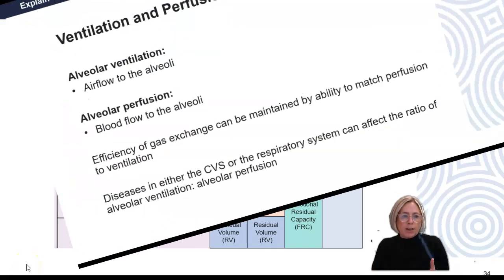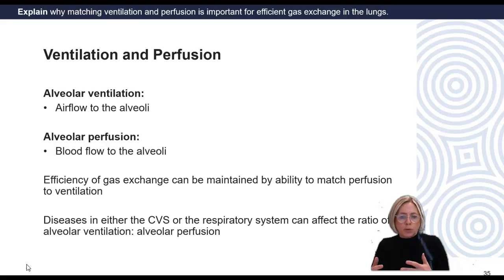Briefly now looking at the ratio of ventilation to perfusion, and defining these terms again. Alveolar ventilation is airflow to the alveoli. Alveolar perfusion then is blood flow to the alveoli. Now, as you can well imagine, the efficiency of gas exchange can be maintained by the ability to match perfusion to ventilation.